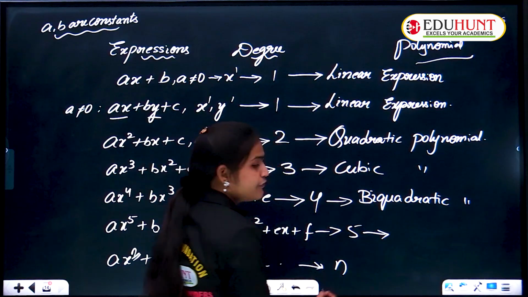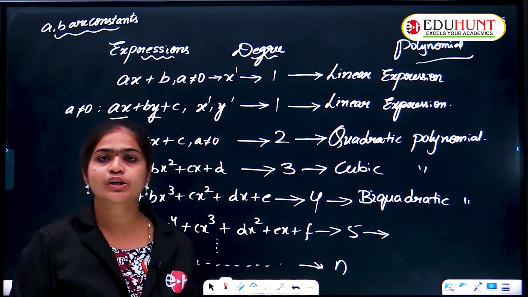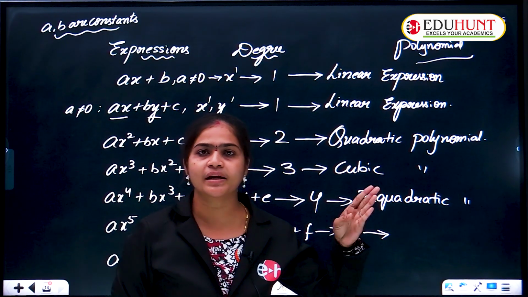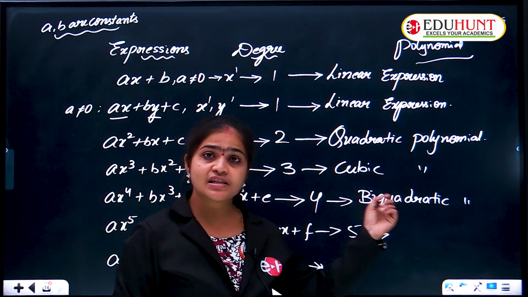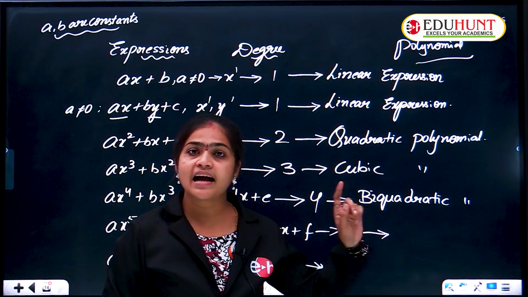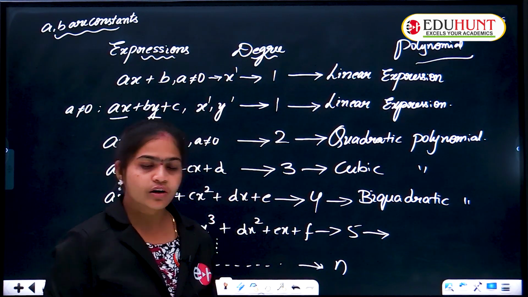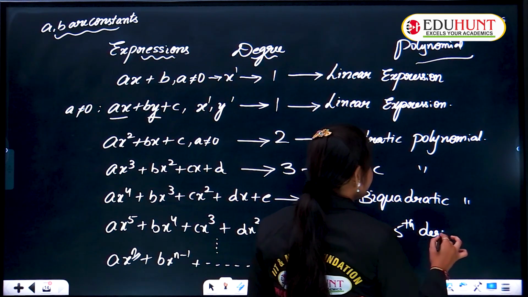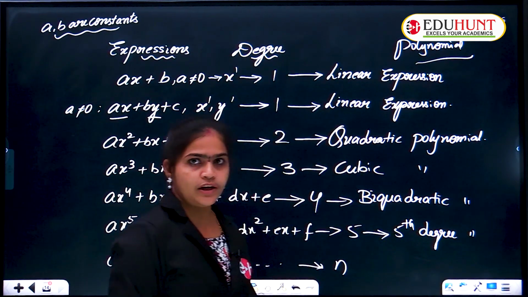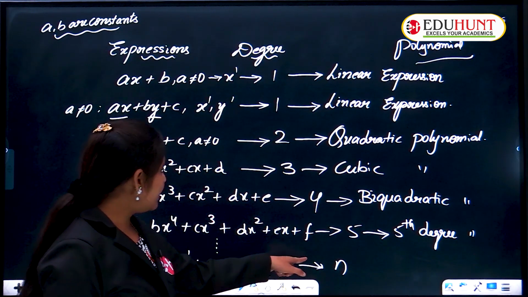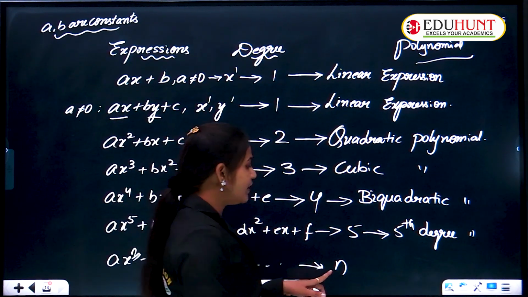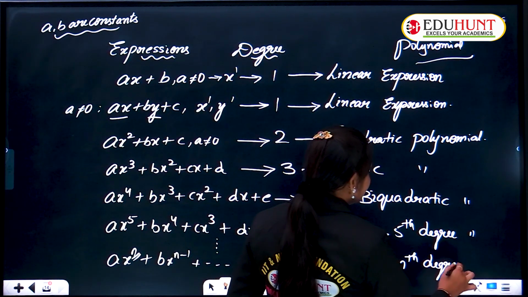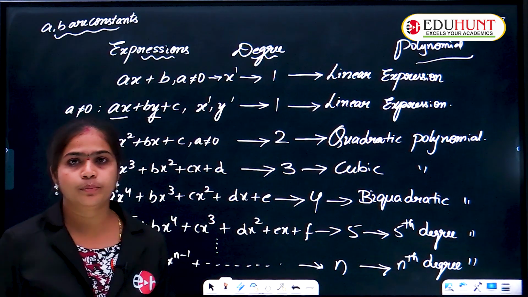If the degree is 5 onwards, we call it a 5th degree polynomial, 6th degree polynomial, 7th degree polynomial, and so on. For example, if the highest degree is 100, then it is a 100th degree polynomial. Now here the degree is n, so we call it an nth degree polynomial.